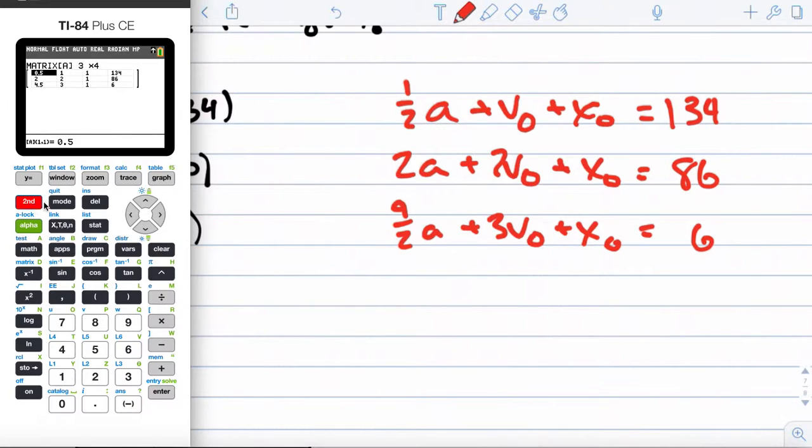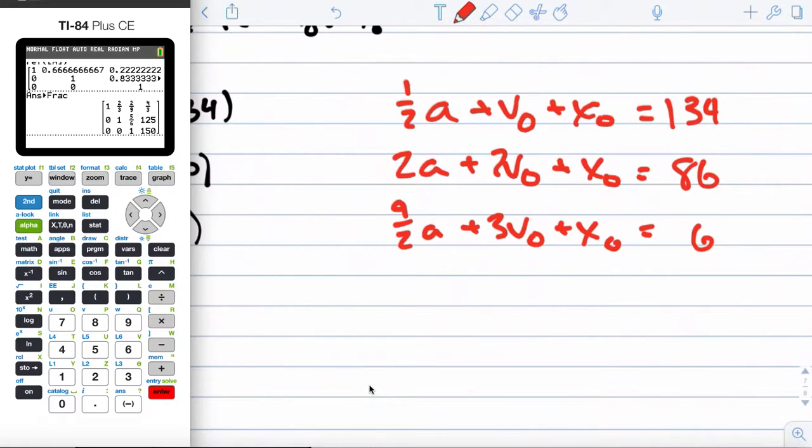I exit, second mode. I want to get to ref A, so do second enter, and there it is, ref A. Those are my last inputs. Oh, I don't like that, so let's turn into fractions, math frac. And so what does that tell me?